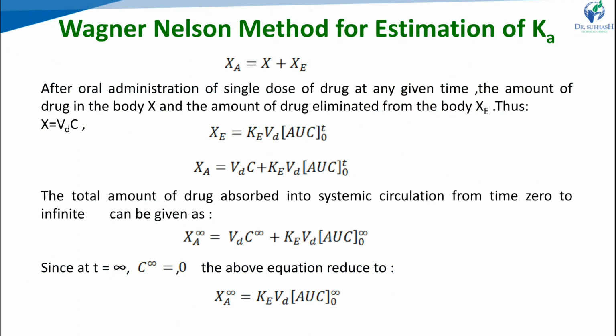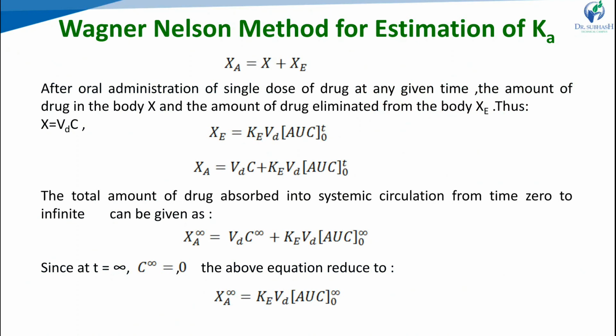Substituting that value into the first equation, Xa is equal to X plus Xe, we put X equal to Vd times C and Xe equal to Ke times Vd times AUC 0 to t. So the equation becomes Xa is equal to Vd times C plus Ke times Vd times AUC 0 to t.